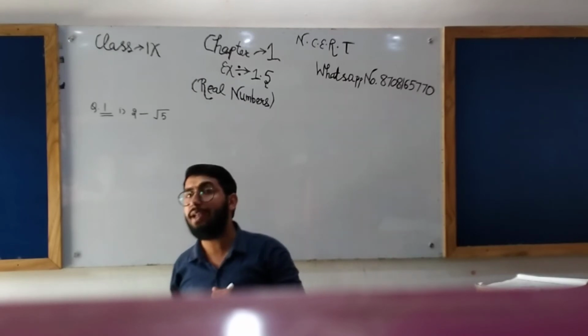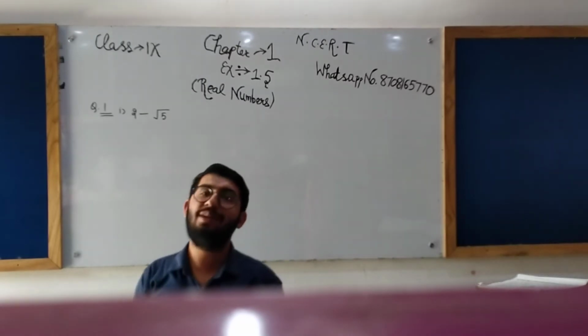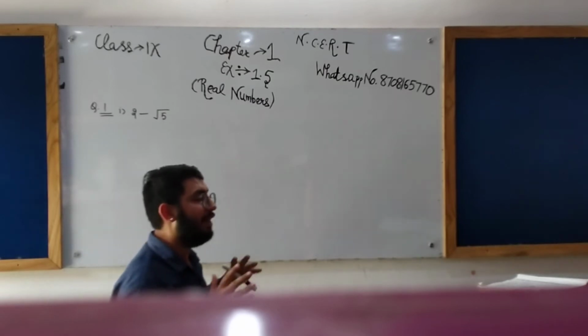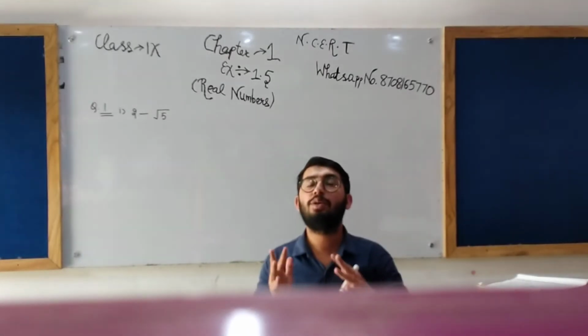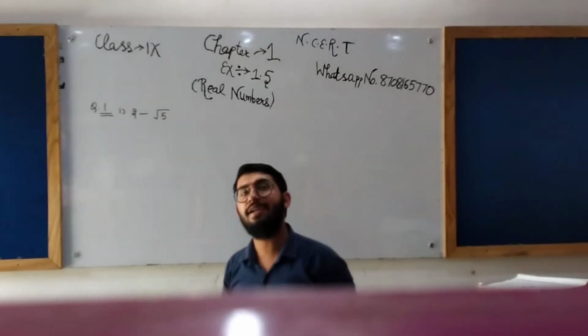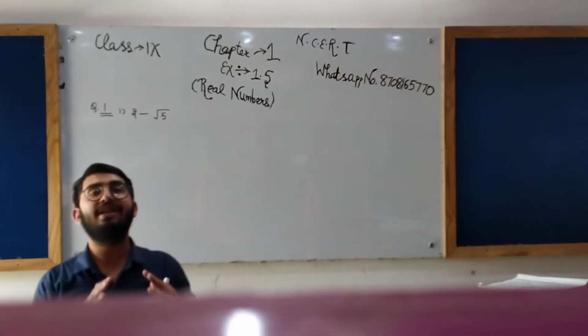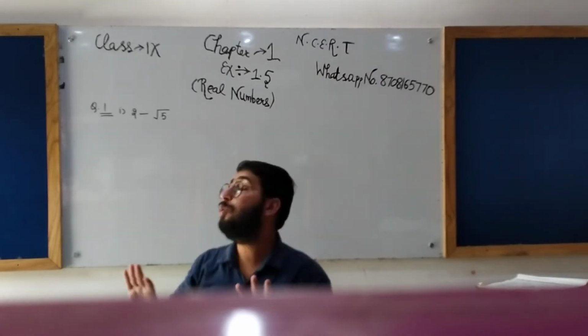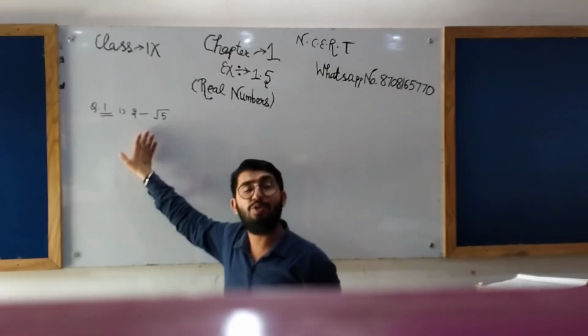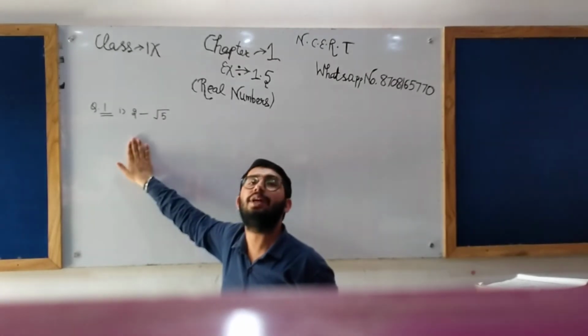Why can't we subtract? Because we know very well that irrational numbers have non-terminating and non-repeating decimal expansion. So we just can't do subtraction here.